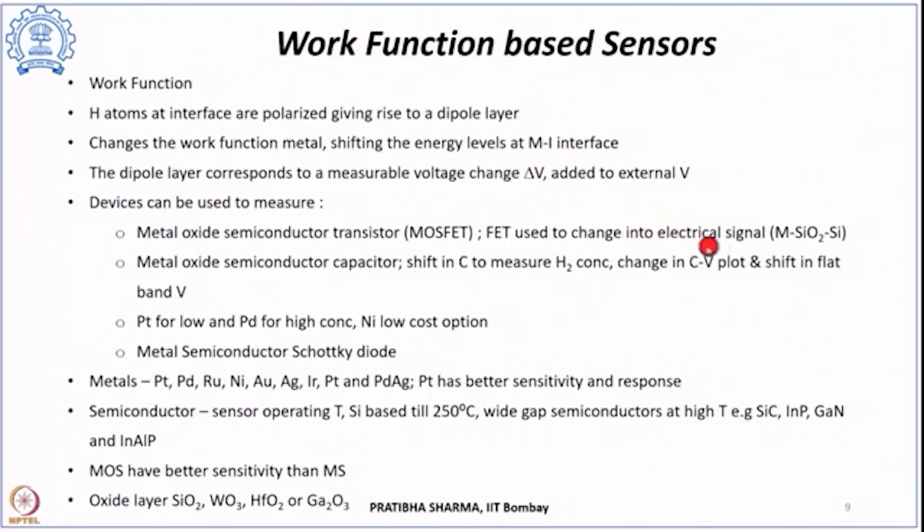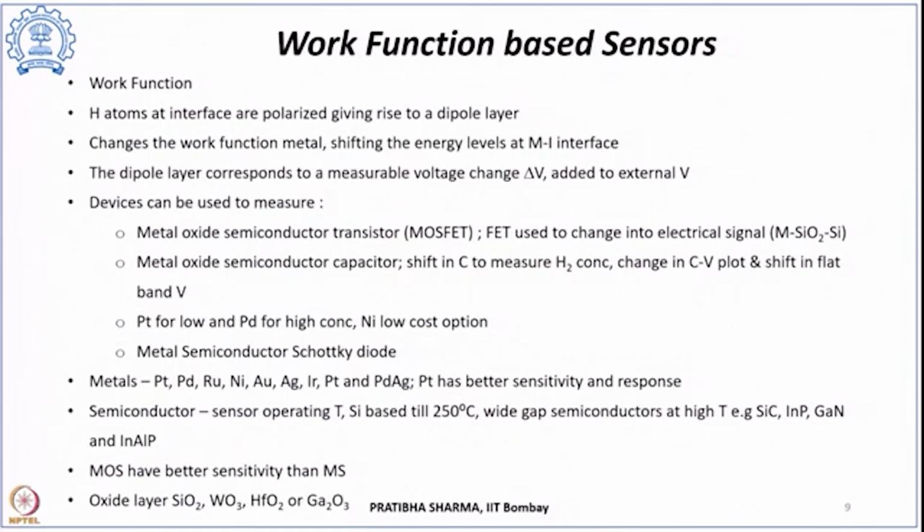The typical arrangement is a metal, then silicon dioxide and silicon. It could also be a metal oxide semiconductor capacitor device, wherein the shift in the capacitance can be used to measure the hydrogen concentration, and correspondingly there will be a change in the CV plot, a shift in the flat band voltage, and all that can be used to find out the hydrogen gas concentration.